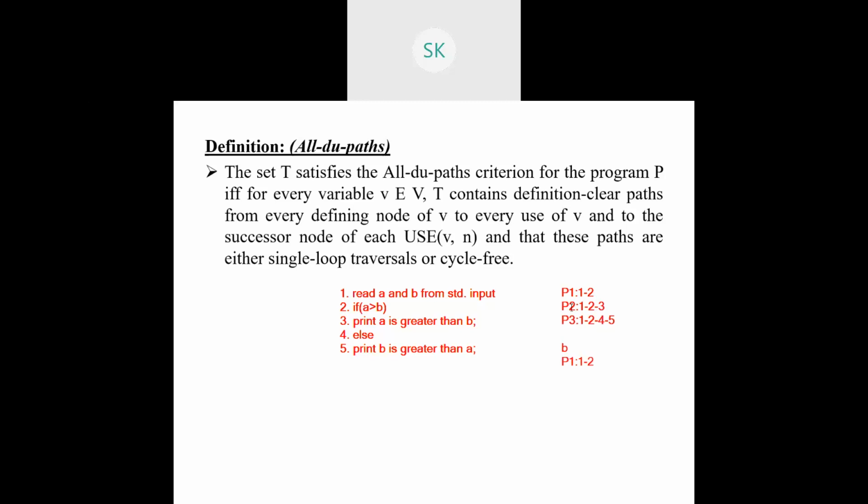Both the variables are used. The same particular paths you will be repeating; you will not be changing anything, because B is also involved in node 3 and node 5 with respect to usage. 2, 3 and 5 are usage nodes, so with respect to variable A as well as variable B.